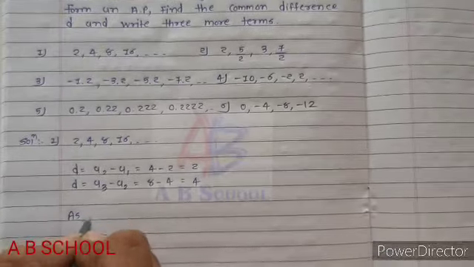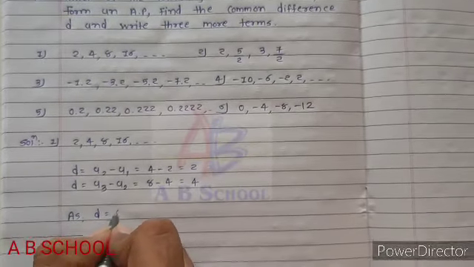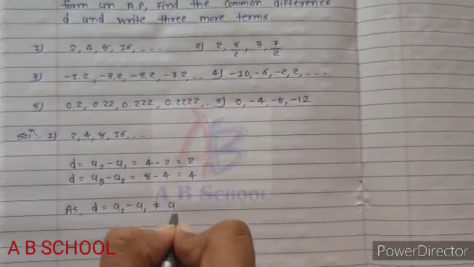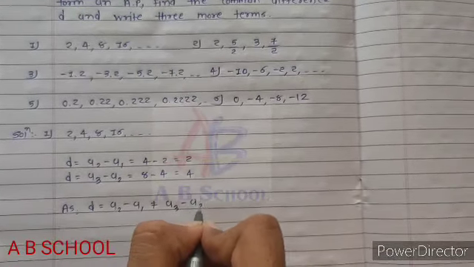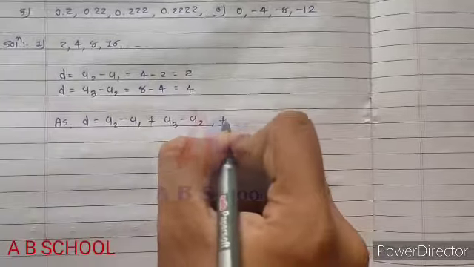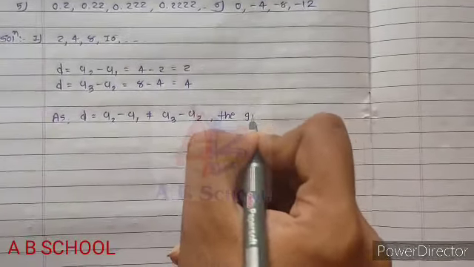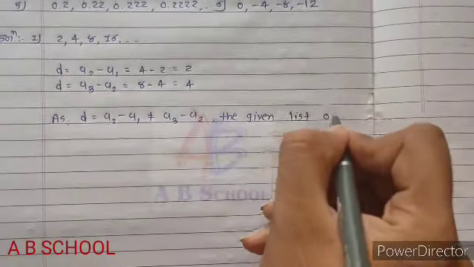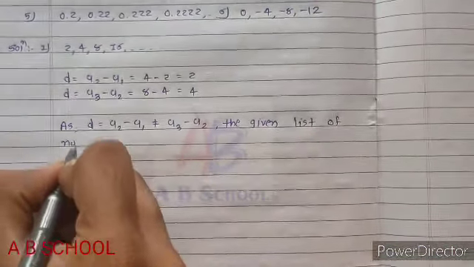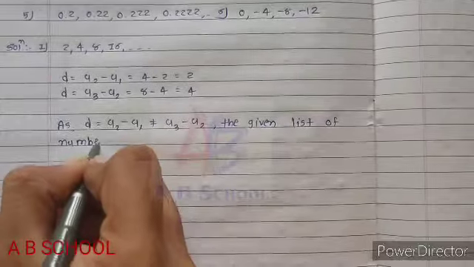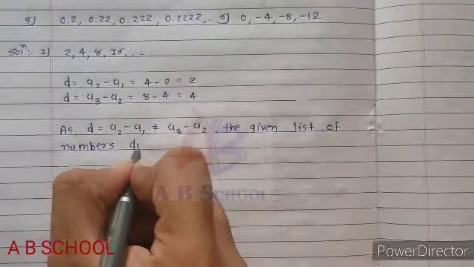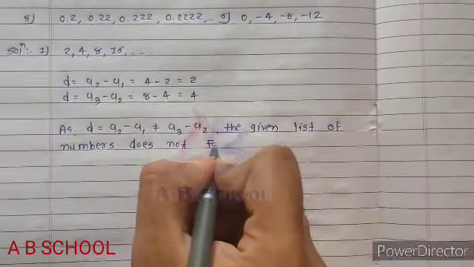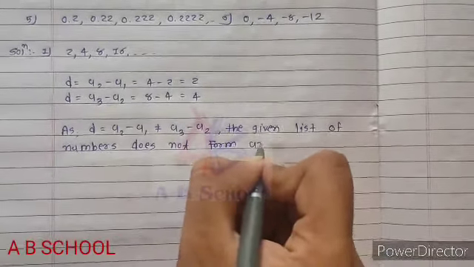As D is equal to A2 minus A1 is not equal to A3 minus A2, therefore the given list of numbers does not form an AP.